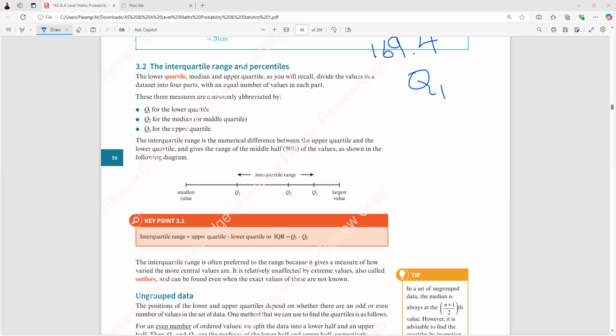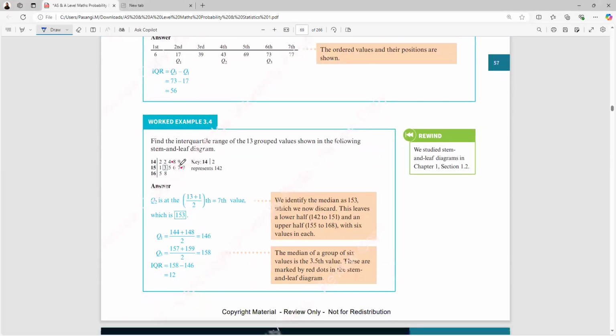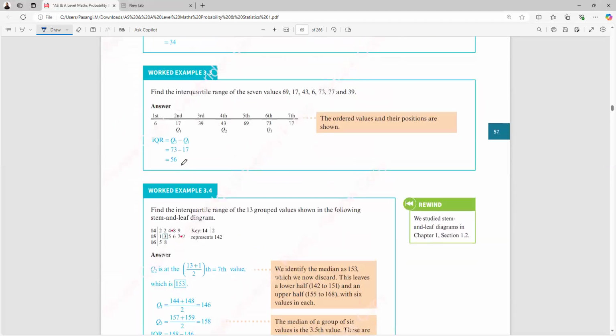Okay, teacher. That part is done. Then, can you work on examples 3.3 and 3.4? Okay.